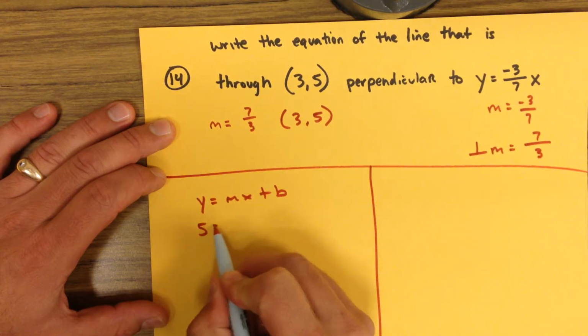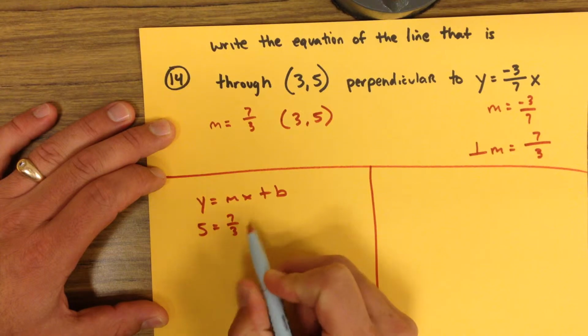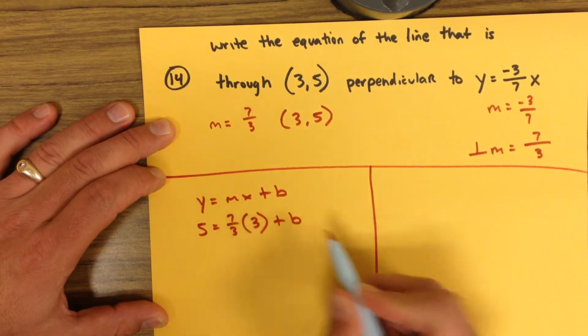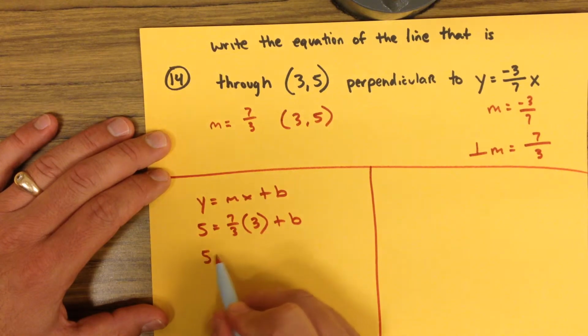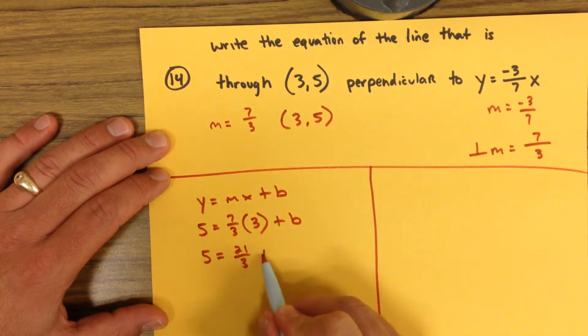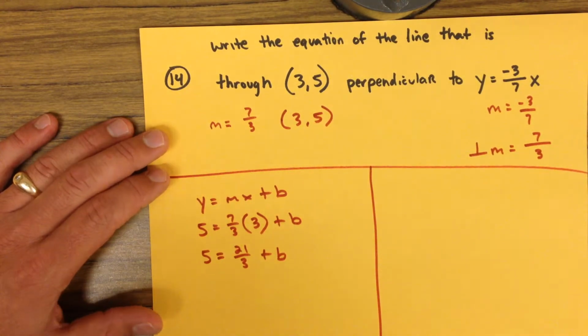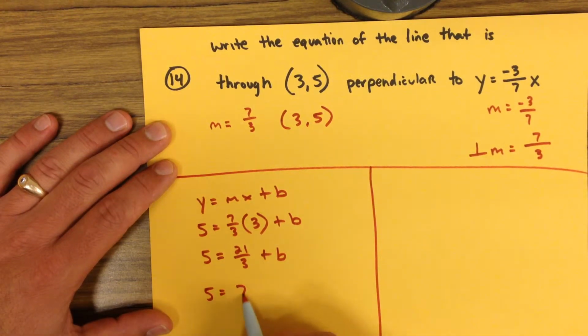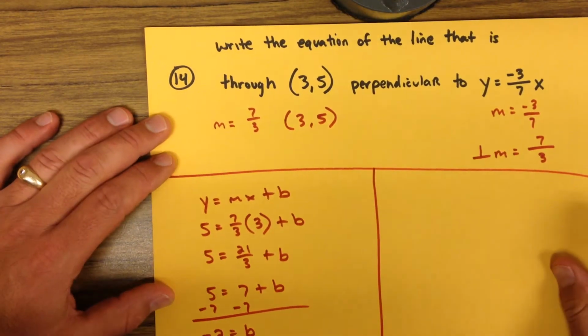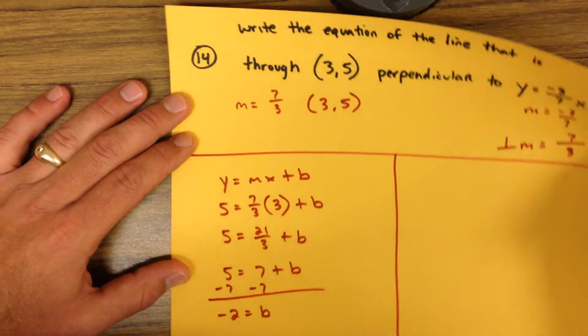Plug in the y, the slope, the x. And this one, we don't have to work with fractions so much because it's 21/3, which is just 7. Subtract 7 from both sides, and you get b equals -2.